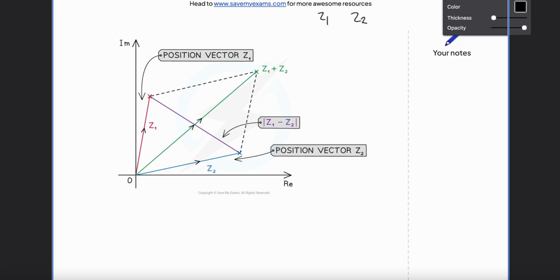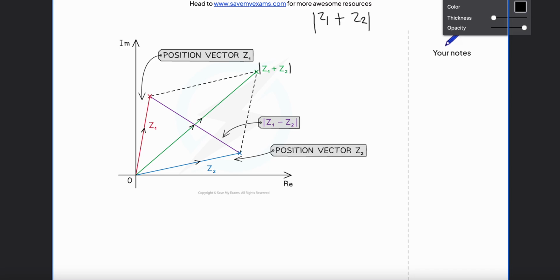What you need to understand is for modulus of Z1 plus Z2, this is the diagonal of the parallelogram that is starting at the origin. So this is the one that is in green. So this is modulus of Z1 plus Z2.